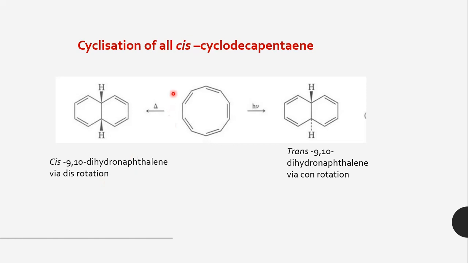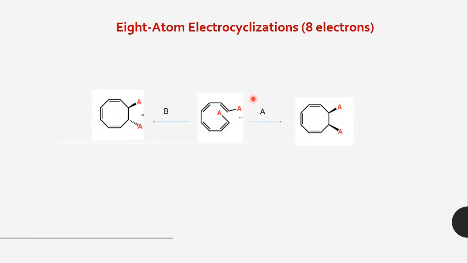So it is very possible that you may be given the starting compound, you may be given the reagents, whether it is light or heat, and asked to write down the stereochemistry of the product, or you may be given these two and asked to identify what would be the reagent conditions.